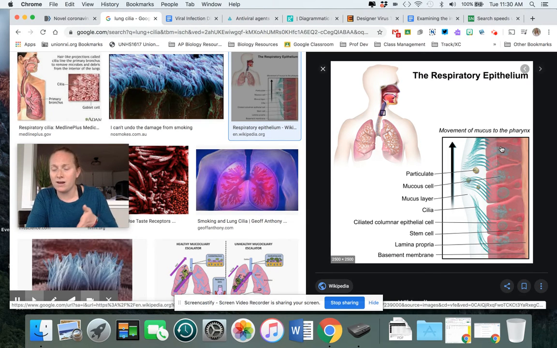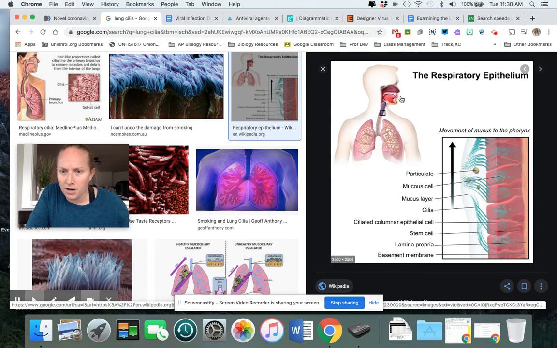This is showing what the inside layer of a lung looks like. And this mucus cell, this columnar epithelial cell, each of these are different types of cells that make up the inside of your lungs. So that's what we're looking at. We're taking a snapshot inside.